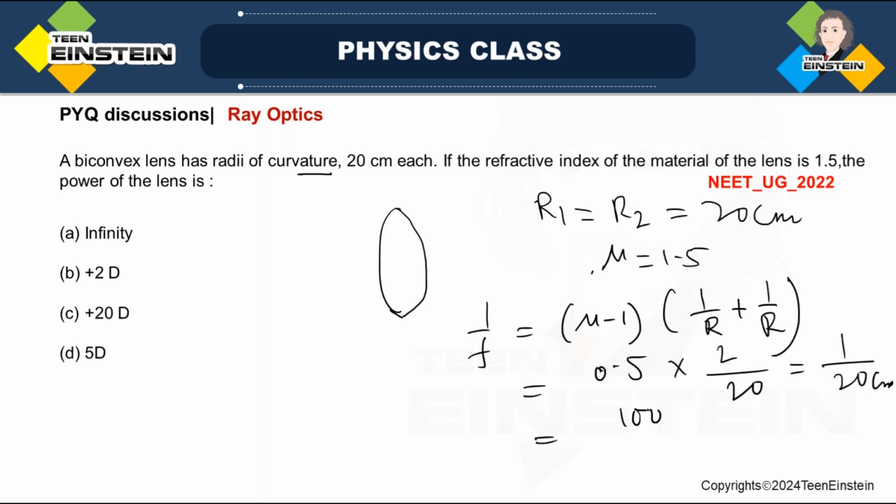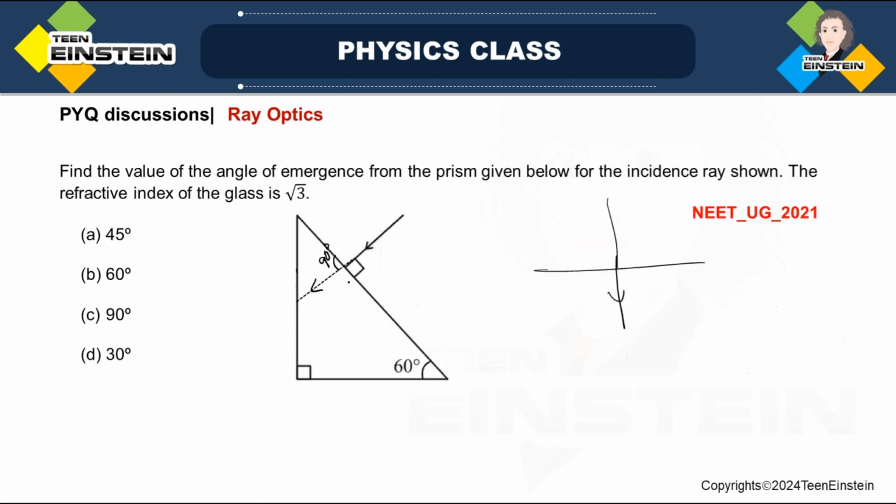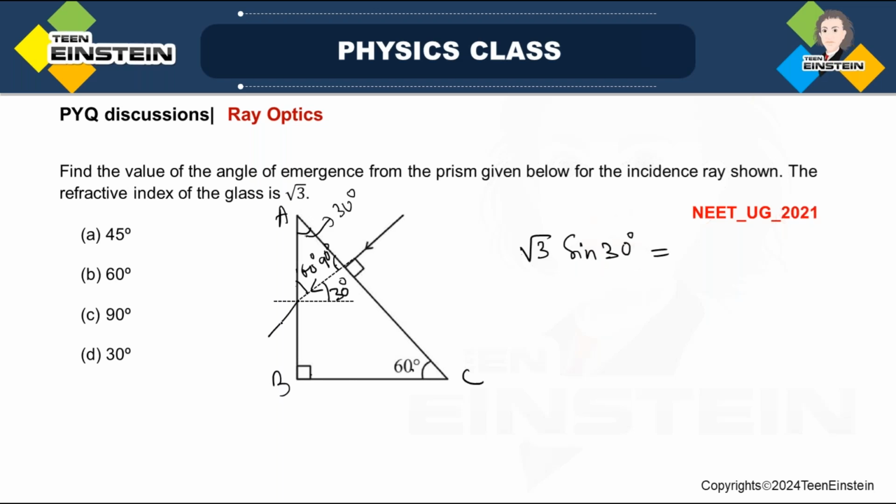Let me show you. So this is suppose a refracting face, and this is another refracting face. You look here, what is happening. See, this is actually normal incidence. So in any case, normal incidence, it will actually pass through normally. So this is the path. So this is 90 degree.